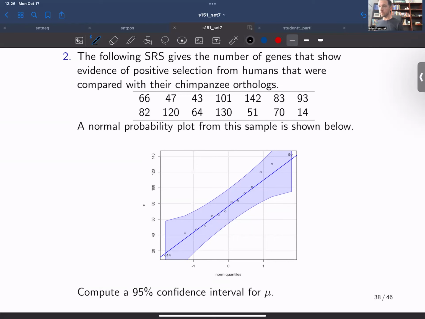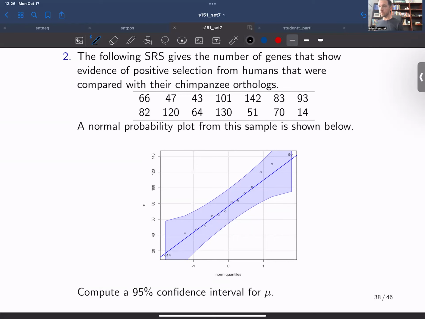So this is t 0.025, 13. We go to our t table, 0.025, 13. That gives us a t value of 2.160. This value here is 2.160.